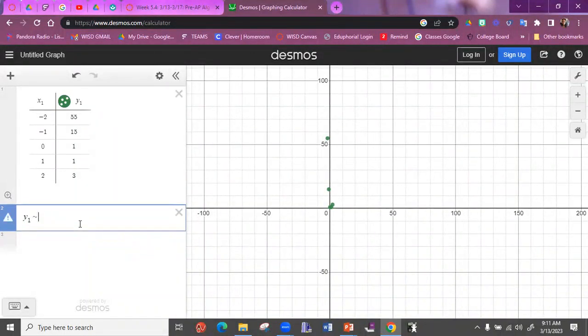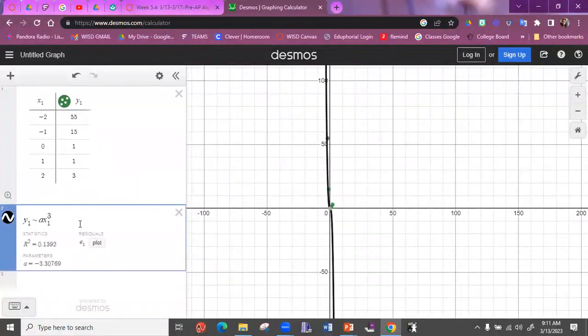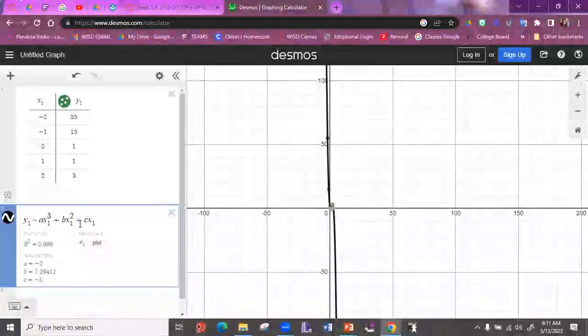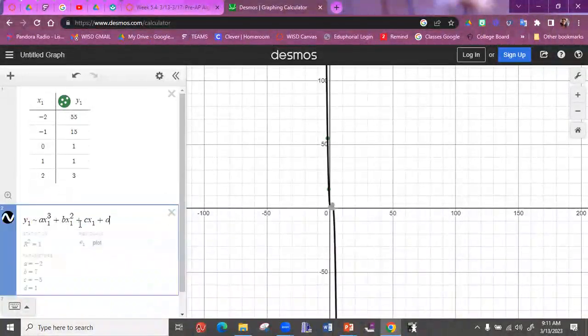So we're going to write y sub 1 tilde, and it's cubic, so it's ax sub 1 to the third. Remember, to get a power, you just hit shift 6, plus bx sub 1 squared plus cx sub 1 plus d.